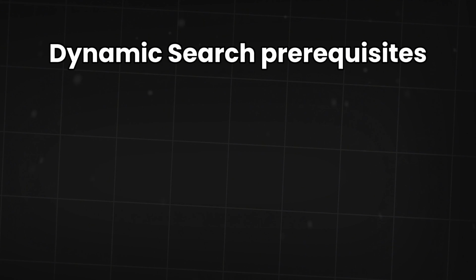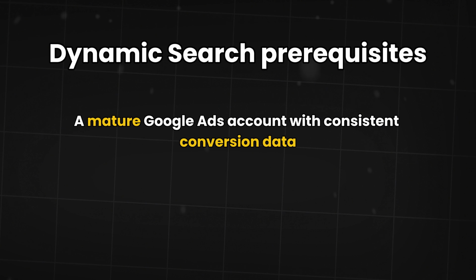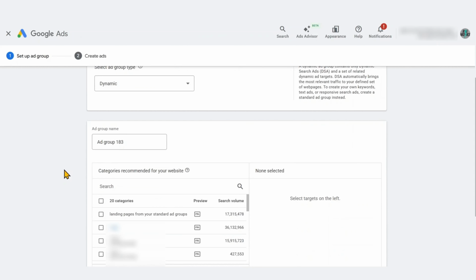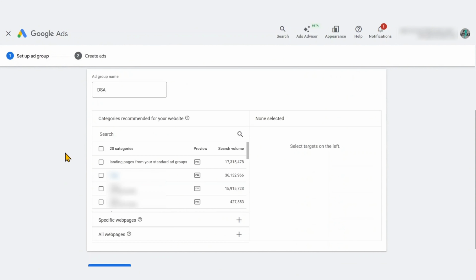But the prerequisite for dynamic search ads is that you need to have a mature account with conversion data already rolling in consistently, and you need to have a strong, up-to-date website with good content that represents your products or services really well. Add your ad group name here, and below you have some recommended dynamic targeting options. You have an option to target by search categories, one of which is landing pages from your standard ad groups.